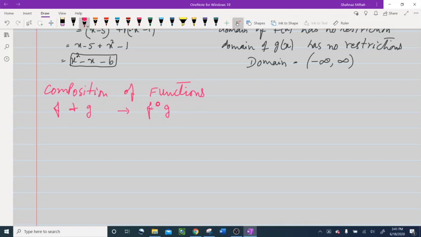I'm going to show you that. How do I pronounce this? First, we have to learn that. So this circle, whatever you call it, means f compose g, not f of g. f compose g of x. That's how you say it.